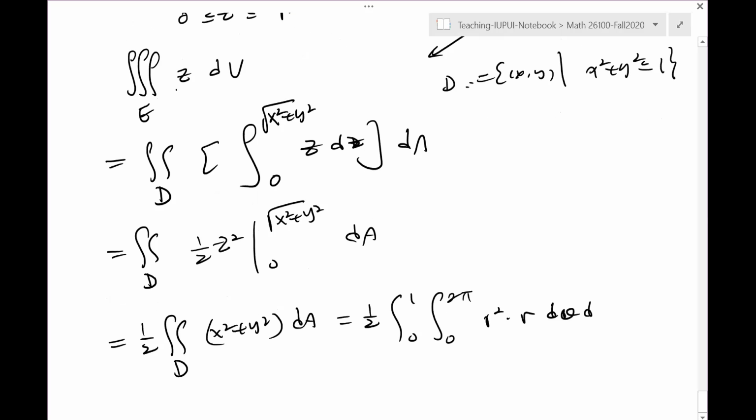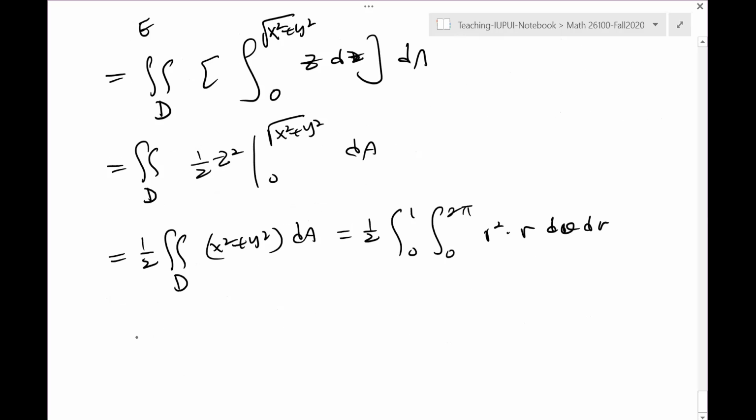d theta gives 2 pi. 2 pi divided by 2 is just pi. Then the antiderivative of r cubed is one quarter times r to the 4th power. That is how we do the triple integral.